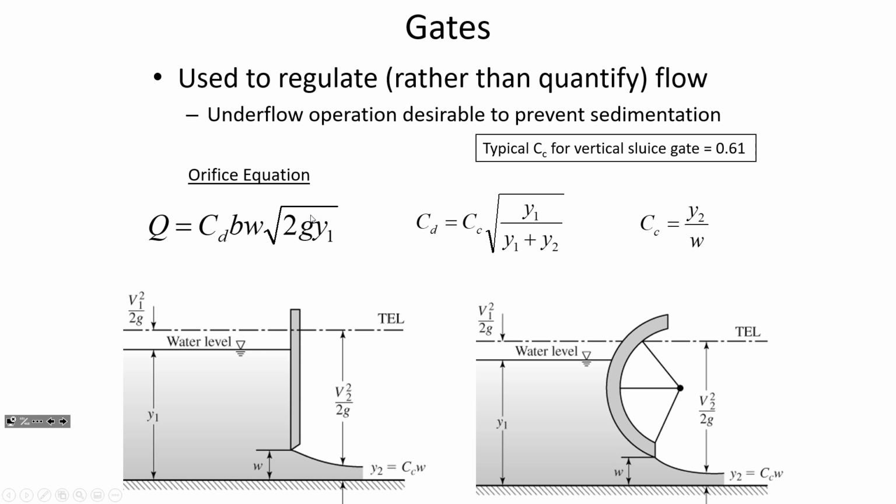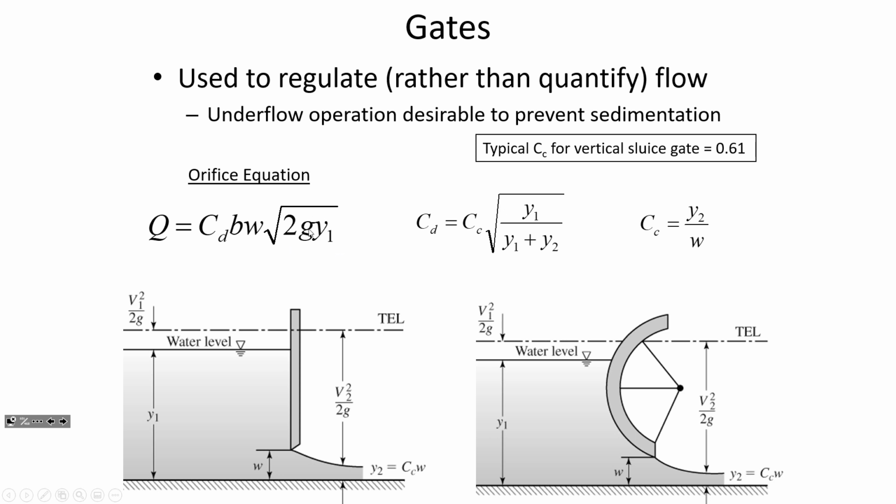This orifice equation with the coefficient of discharge does account for the energy losses as the water goes through it. And here, B is the width of the channel, W is how open the gate is, and then we use the square root of 2gy1 to give us the velocity. You may remember that when we talked about the orifice equation in fluid mechanics, we said V equals the square root of 2gh.